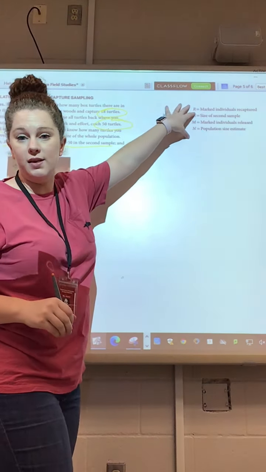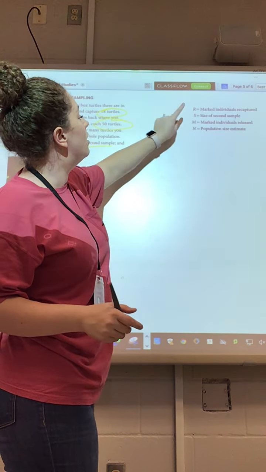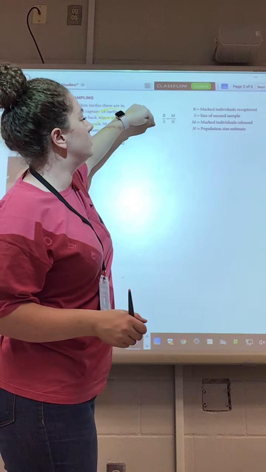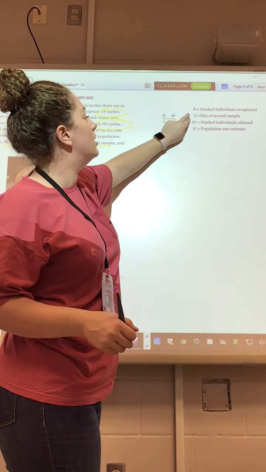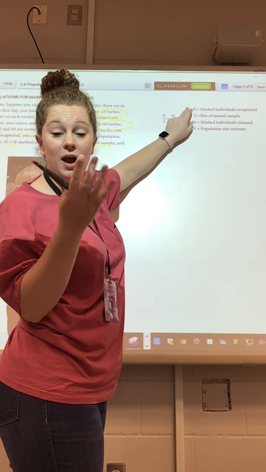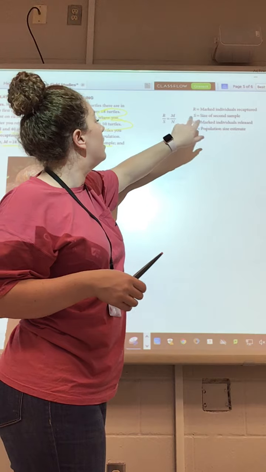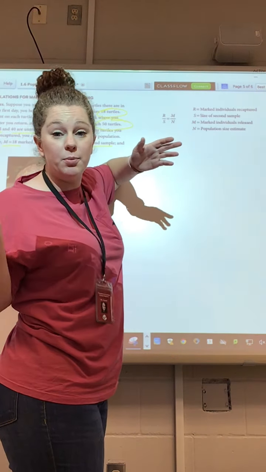So it has the equation on your sheet, but I'll tell you it's R over S, so marked recaptured over the second sample. So that's how many of these are already marked, already have paint on them, out of how many I count the second time, over marked released divided by the entire population.